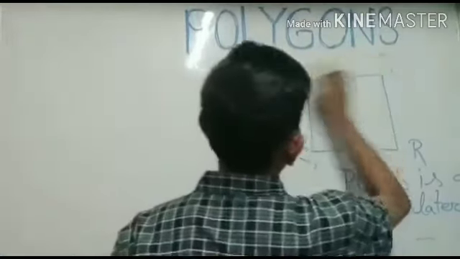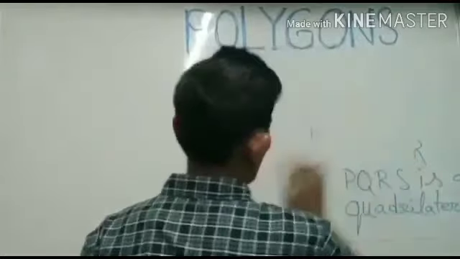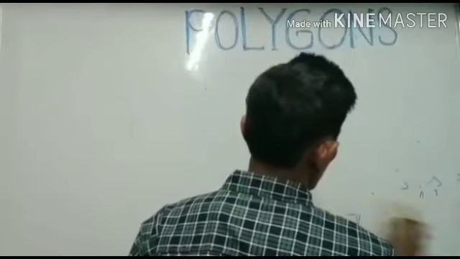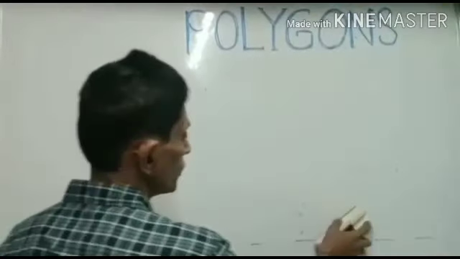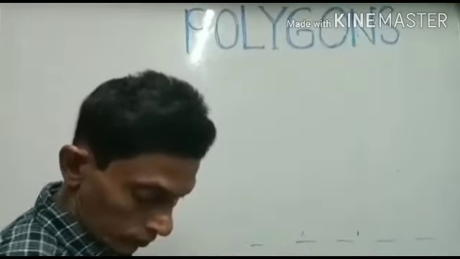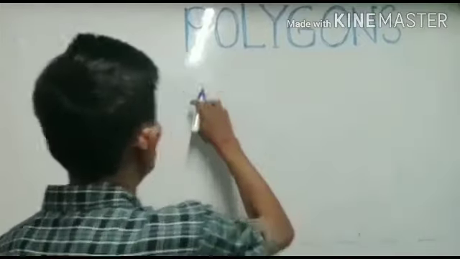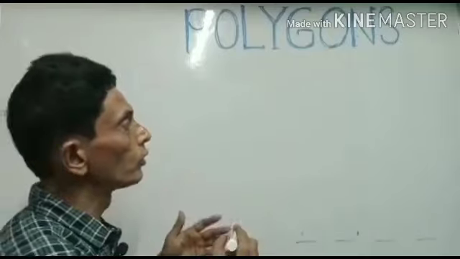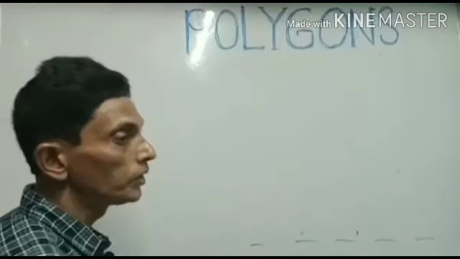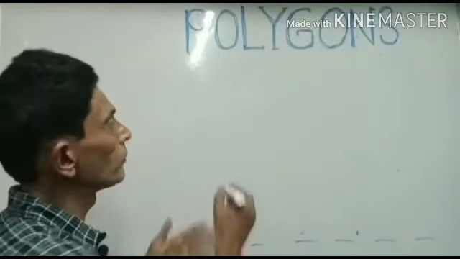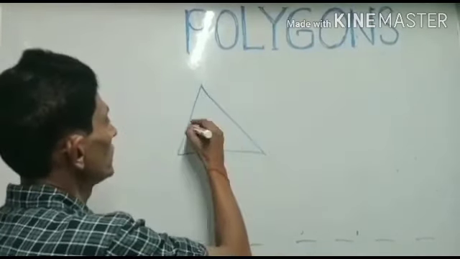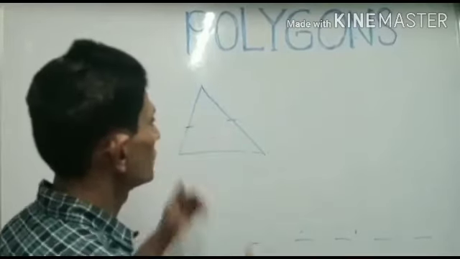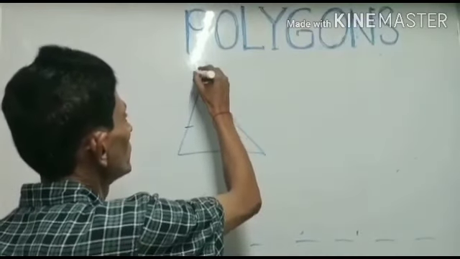Now, what are vertices? The meeting point of two sides of a polygon is called a vertex. This side and this side, these two sides meet at a point, that means this is the vertex.